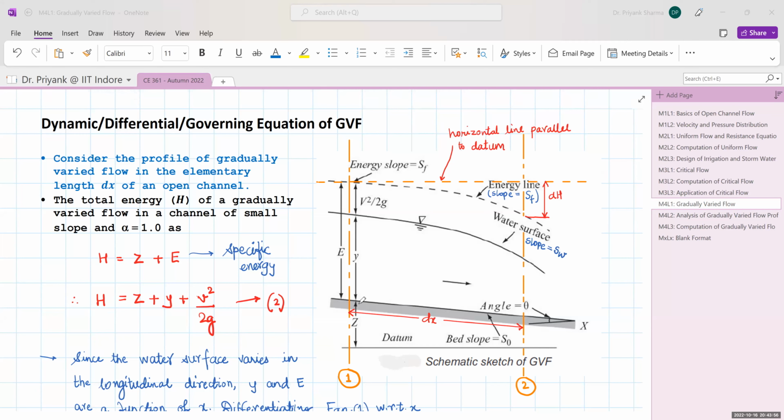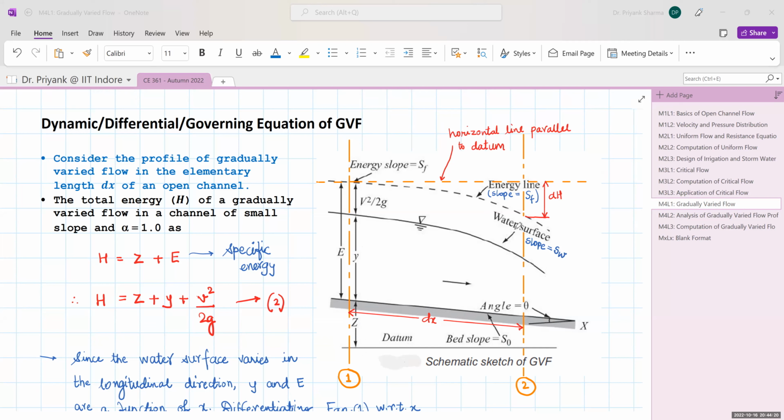This is the length dx. The bed slope is denoted by S naught. Then it is above the datum, so z is the datum height. Then the depth of flow is denoted as y. This water surface, you can see, is gradually changing over the length dx. So the water surface slope is denoted by SW.